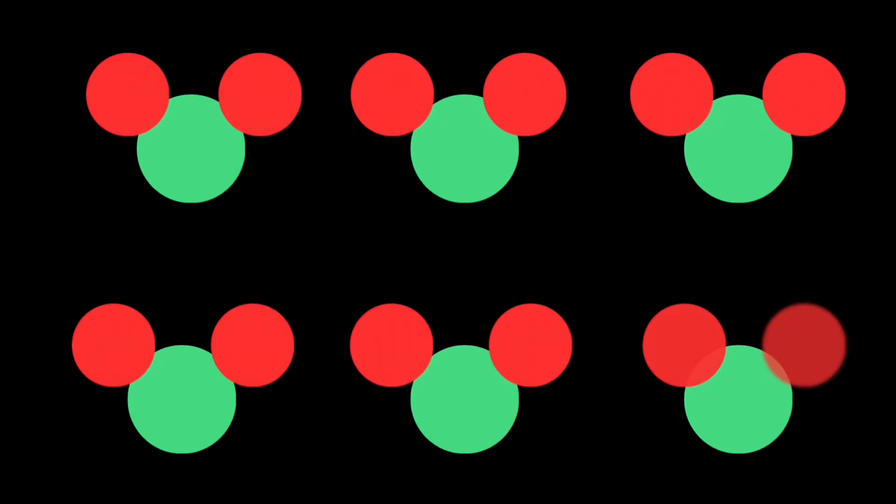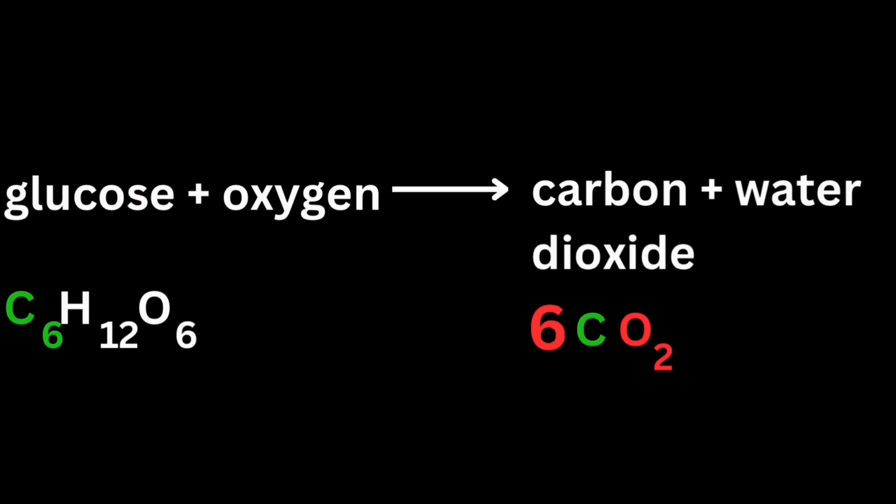As we mentioned earlier, the carbon atoms become carbon dioxide. So there are 6 atoms of carbon, and because each molecule of carbon dioxide contains 1 carbon atom and 2 oxygen atoms, this means we can make 6 molecules of carbon dioxide. So we write a number 6 before CO2 to show that we're making 6 molecules of carbon dioxide.